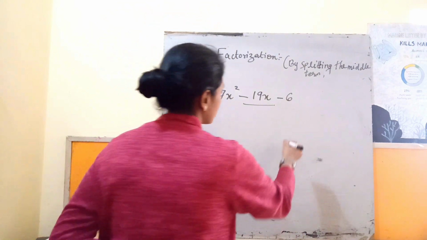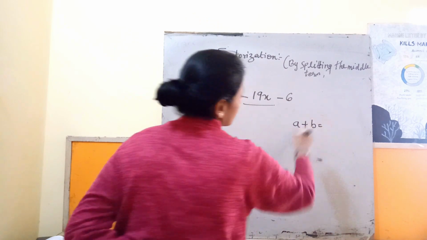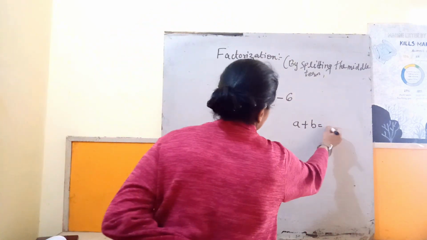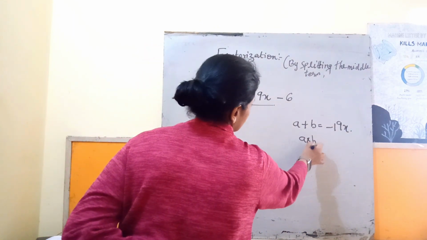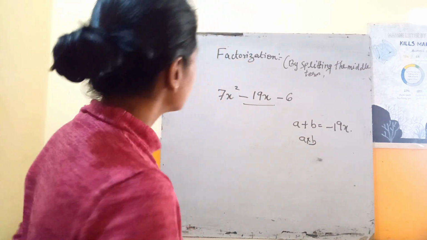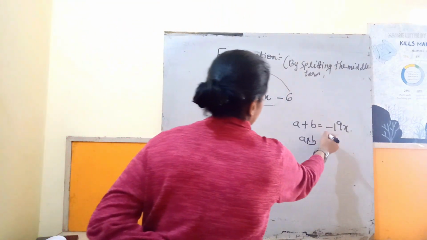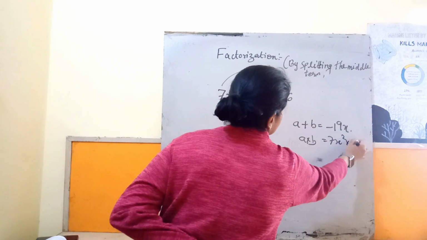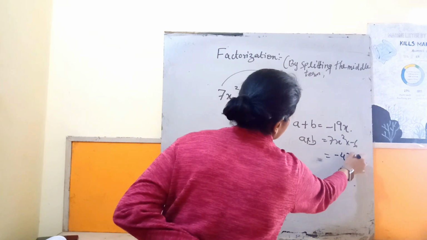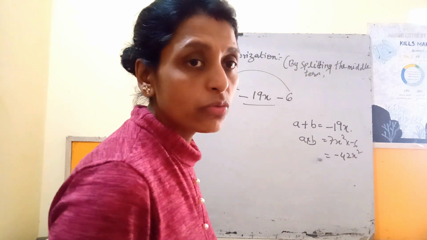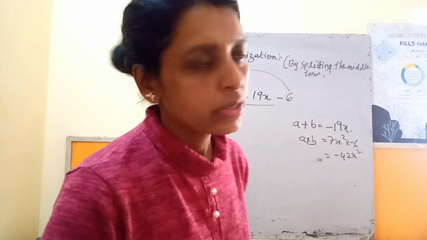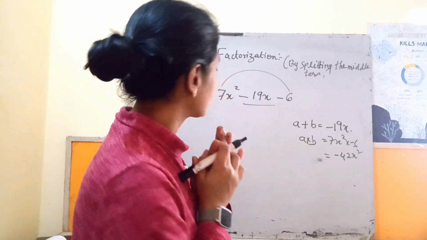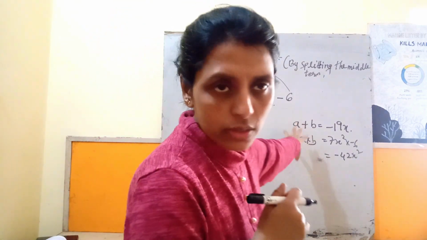And when we multiply those two factors, we will get 7x squared into minus 6, that is minus 42x squared. So we have to see what two factors will satisfy both these conditions.